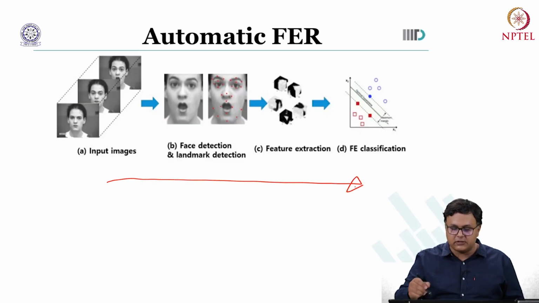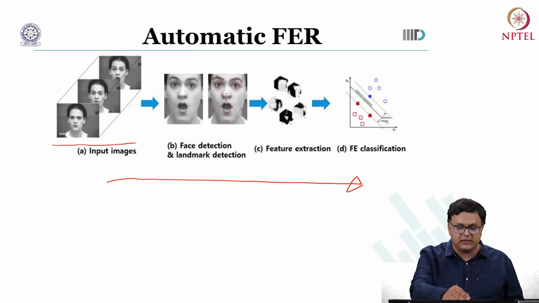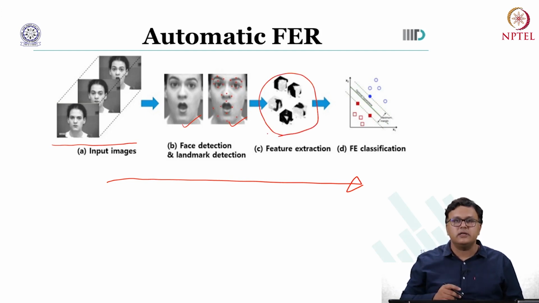Now, what you see here on the slide is your typical pipeline of a facial expression recognition system. You have the object detection, where frames come in, you get the face, you get the facial landmarks. And then, as we discussed the last time, we are interested in extracting useful, meaningful features, statistics around the facial region, the facial parts.